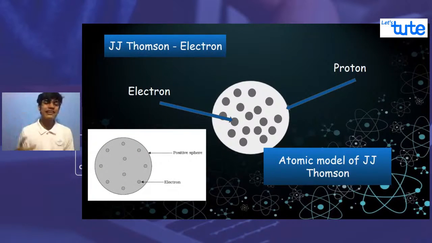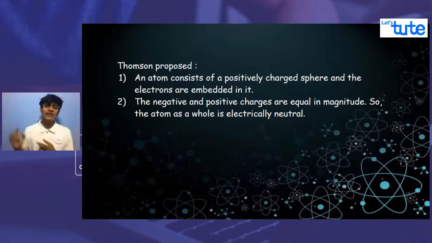Why is it electrically neutral? Because there are electrons as well as protons, so both the charges cancel each other. He was very successful in proving that the atom is electrically neutral, because he had shown that there are negative particles as well as positive particles, with charges equal in magnitude.